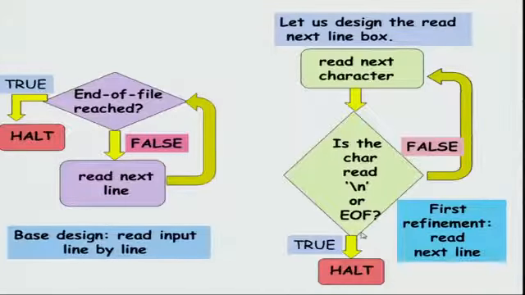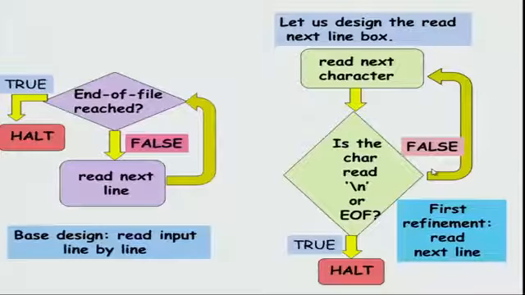If either of these is true, then the line has ended, so you halt. Otherwise, if the character is neither new line nor end of file, then you read the next character. Okay. So, here is the design for the function to read the next line.